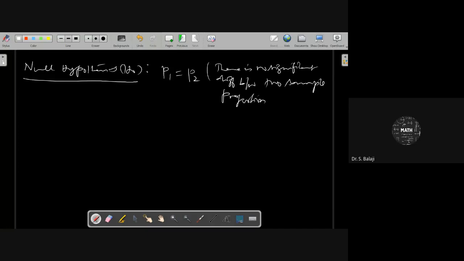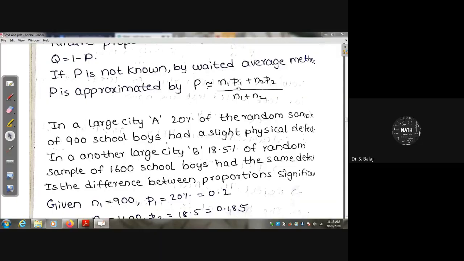That is, P1 equal to P2. That is the null hypothesis H naught. The question is also the same thing.